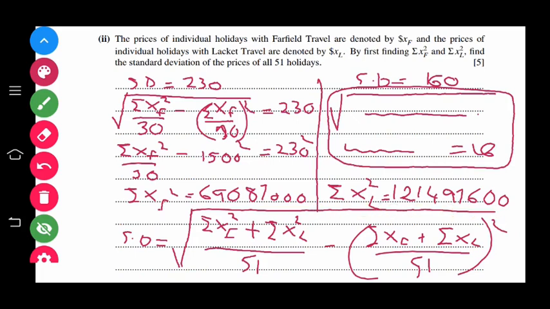Just go on with this calculation and get the answer. Okay, thank you.